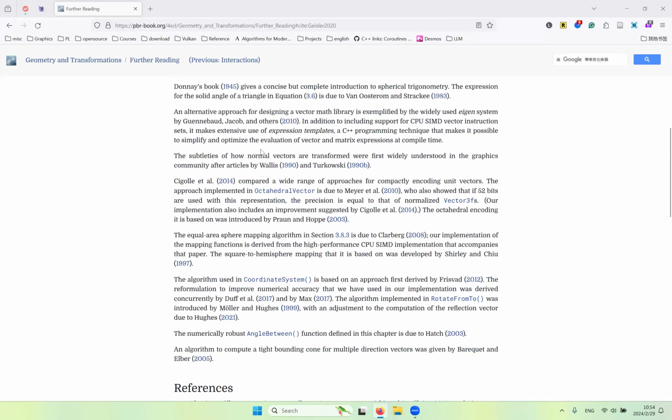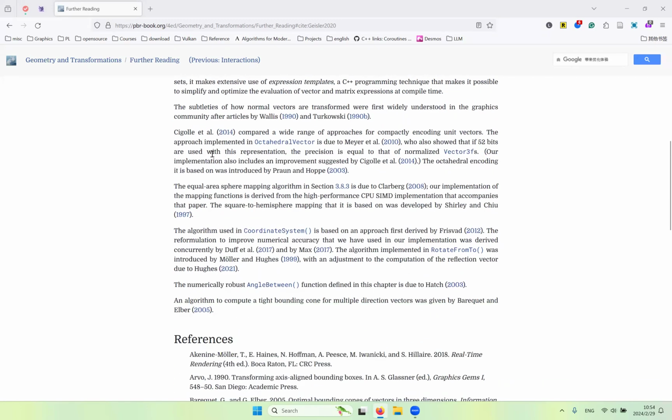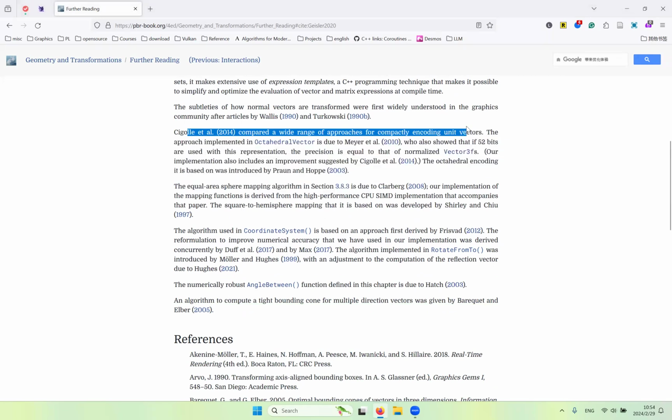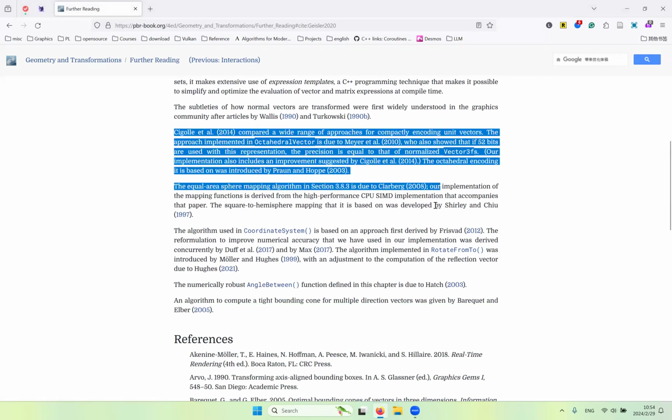And also paper recommendations for various little techniques used in this chapter.